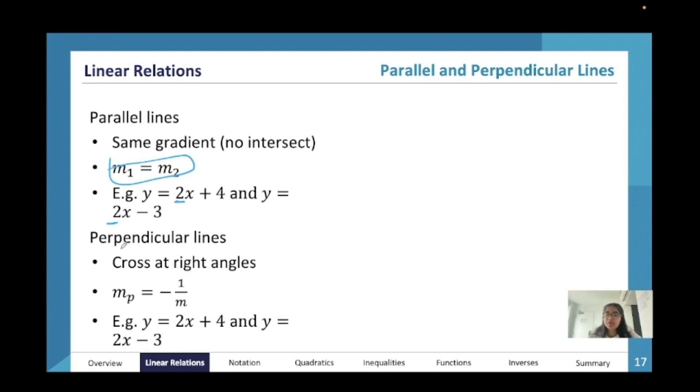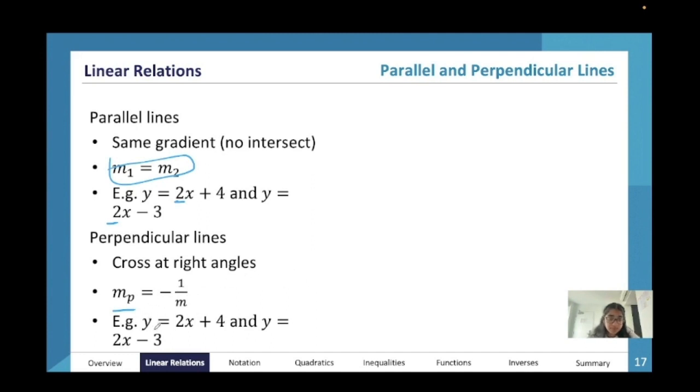Perpendicular lines basically intersect at right angles to each other. And for perpendicular lines, the gradient of the first line is the negative reciprocal of the gradient of the second line. So basically what that means is the gradient is negative 1 over the gradient of the other line.